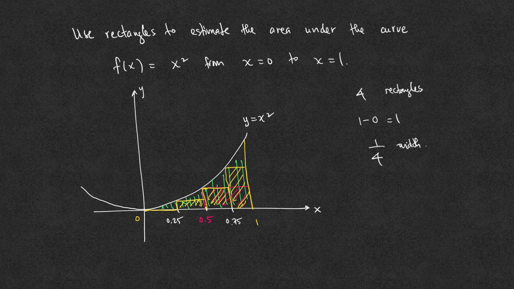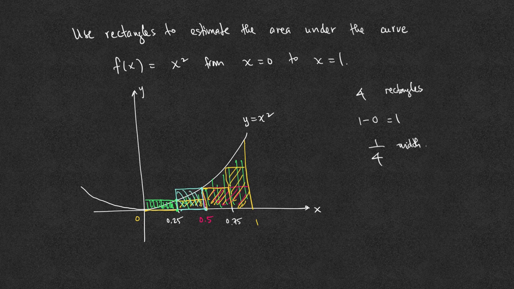Alternatively, we can use the right endpoints. And so for the first interval, we would go to the right endpoint, go up to the graph to get the height of the rectangle. Similarly, for the second rectangle, we would go to the right endpoint and then go up to the graph to find the height of the rectangle that we will use for the approximation.